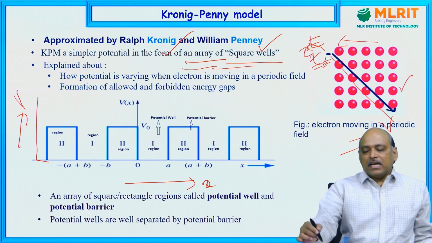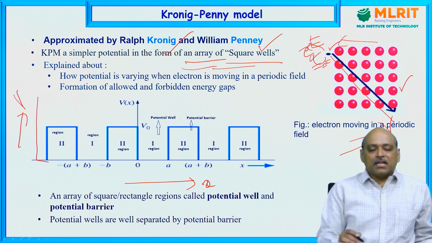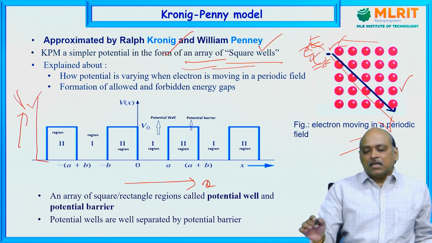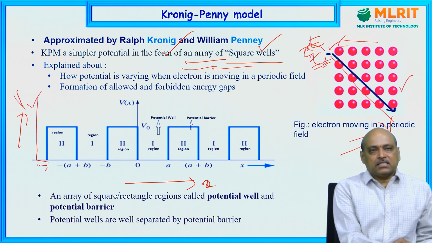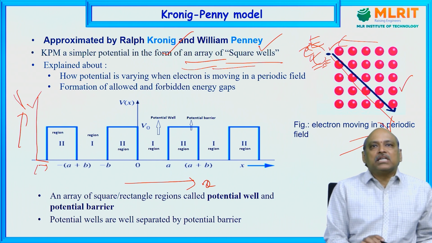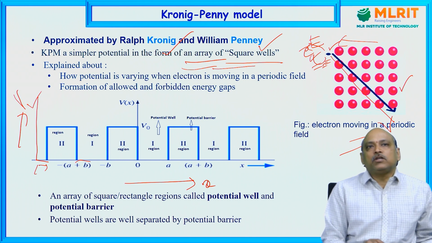When the electron is far away from any positive ion site, in general, its potential energy is very high, maximum. As the electron moves towards the positive ion site, when it reaches a particular distance, all of a sudden the potential energy is going to drop to 0. Suddenly it drops.